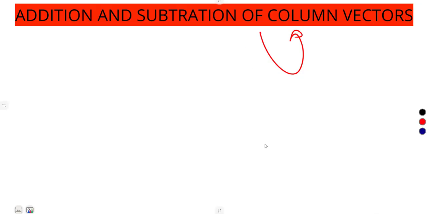Column vectors. So to add or to subtract, let's say we are given the vector (x2, y2) like this, then another one is given as (x1, y1).